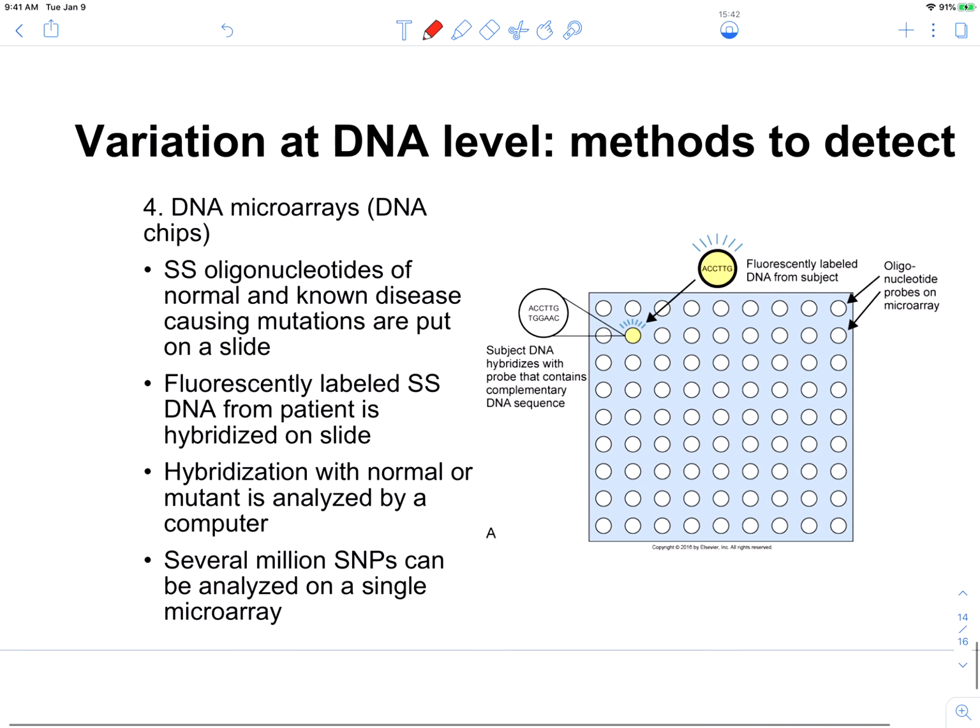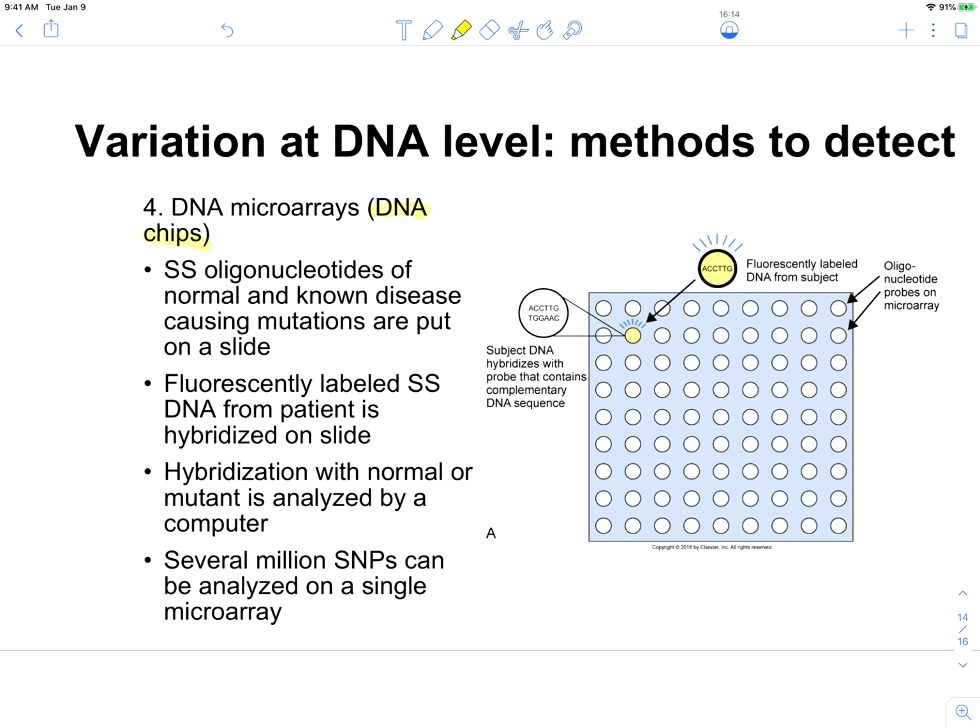Another method for measuring DNA variation is microarrays. Microarrays are referred to as chips. We now have protein chips, RNA chips, DNA chips, a lot of different types of chips. Basically you're going to put on one of these chips, which are very small, smaller than a slide, your known oligonucleotides. For example, if you know you're looking for the sickle cell anemia or cystic fibrosis gene, then you put them on a slide.